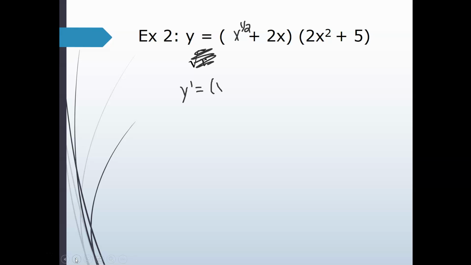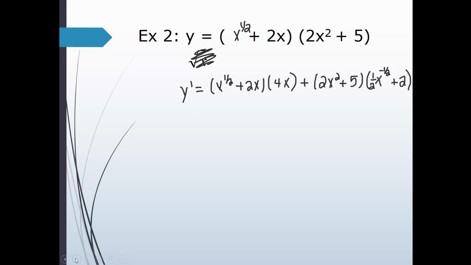So it's the first times derivative of the second plus the second times derivative of the first. So that's 1/2 x to the negative 1/2 plus 2.